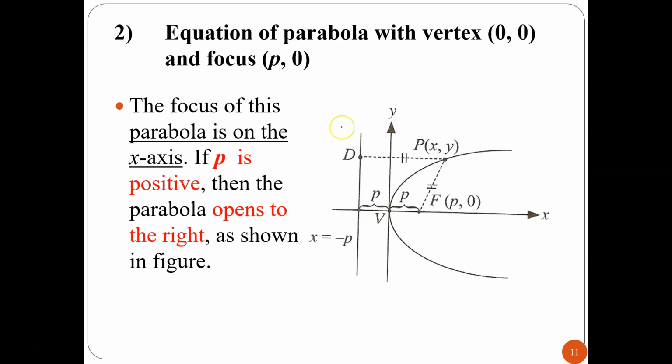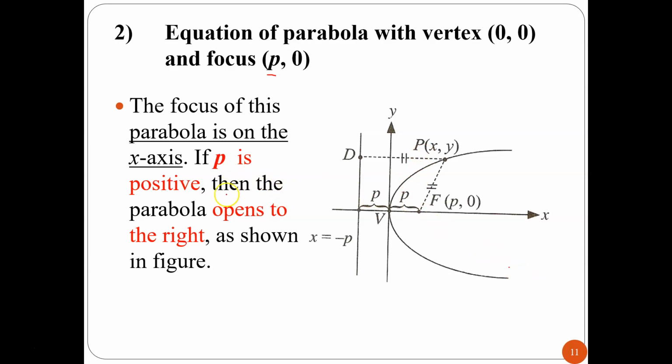And for the second case, we have another case, which is the equation of a parabola with vertex 0, 0 and focus P, 0. Now the vertex is still 0, 0, but the focus is P, 0. So what changes now? From 0 to P, the x coordinate changes. So if the x coordinate changes, your graph will be on the x-axis.